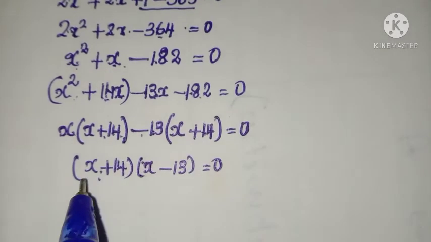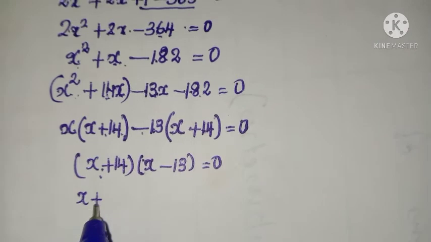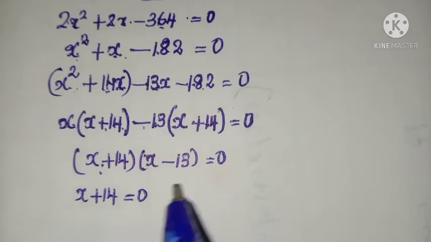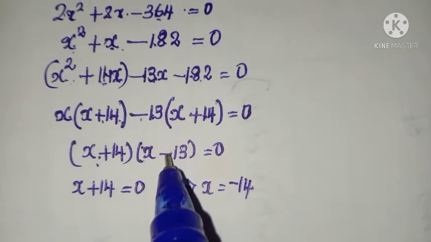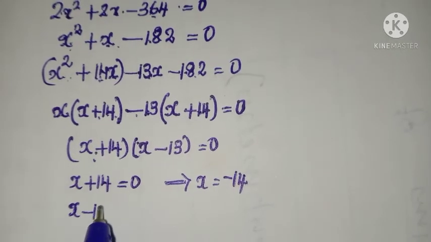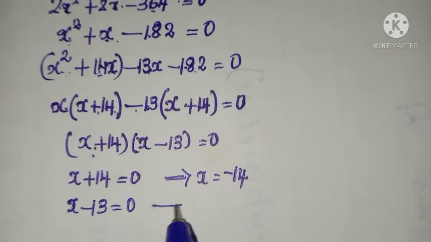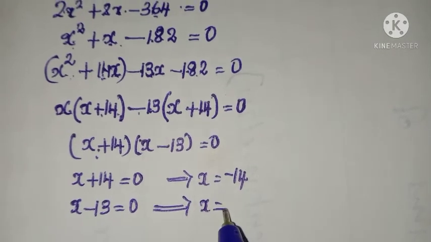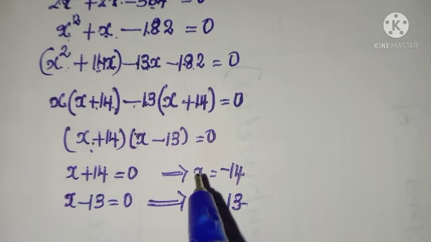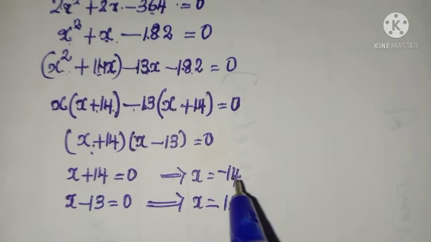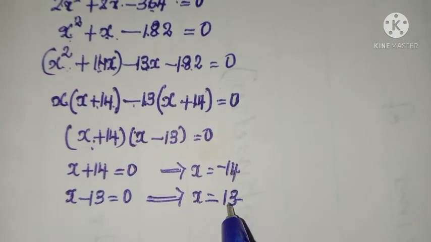Now equate each factor to 0. x plus 14 equal to 0 implies x equal to minus 14 and x minus 13 equal to 0 implies x equal to 13. So we have two values for x. One is minus 14 and the next one is 13.